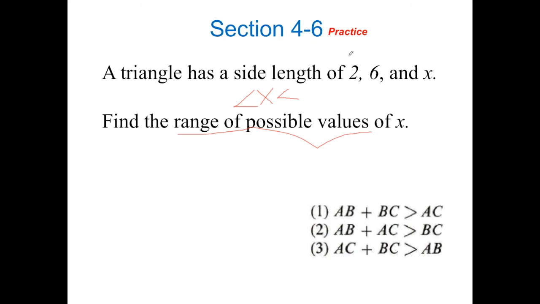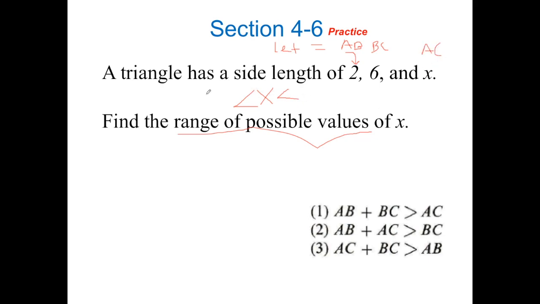Let the segment with a length of 2 equal AB. Let the segment with a length of 6 be side BC, and you can let x be AC here, okay?